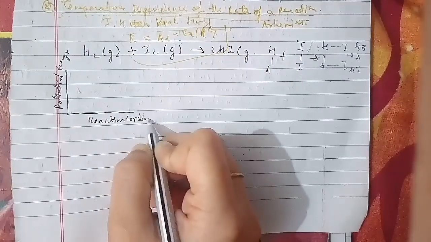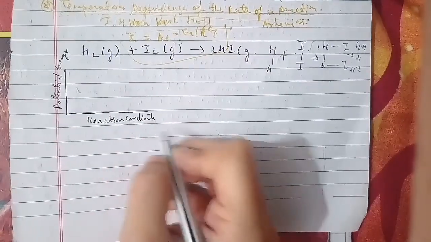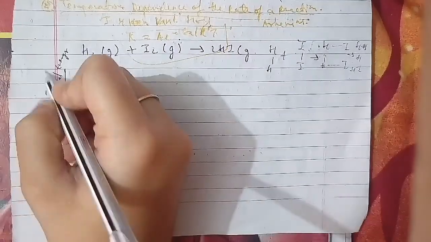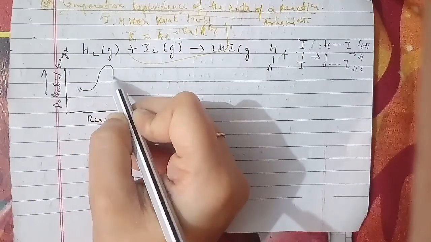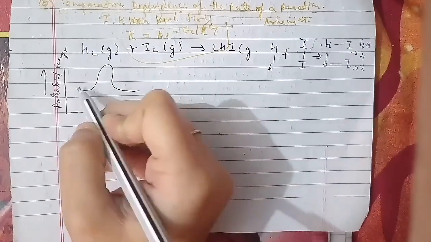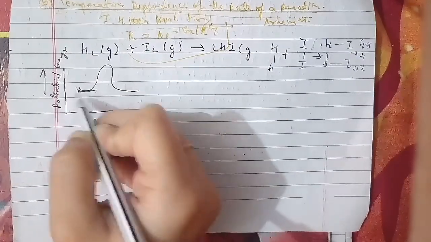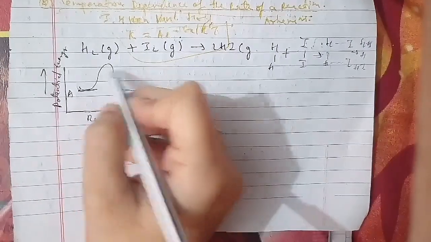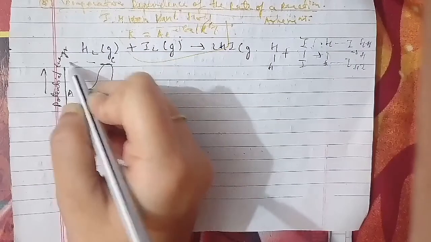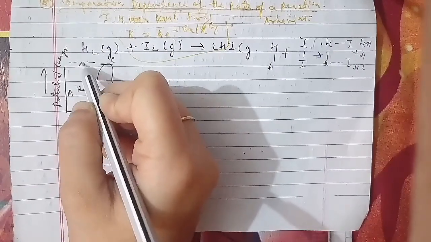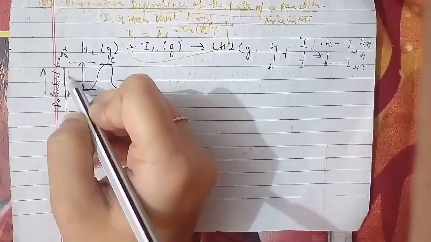C point is the activated complex, and this is the point B. So here in the same case, H2 plus I2. This is your delta H, and this is 2HI. This is a diagram to show or plot the potential energy versus the reaction coordinate here.